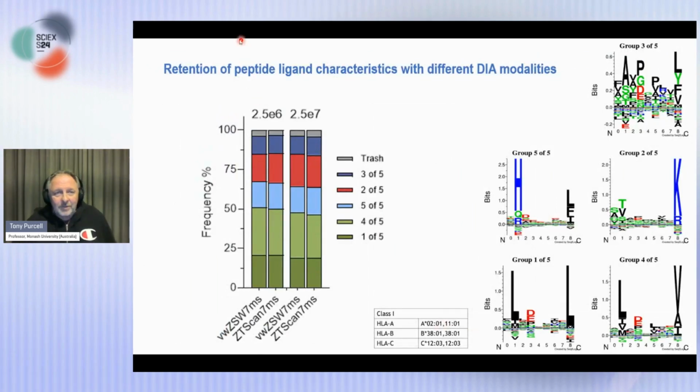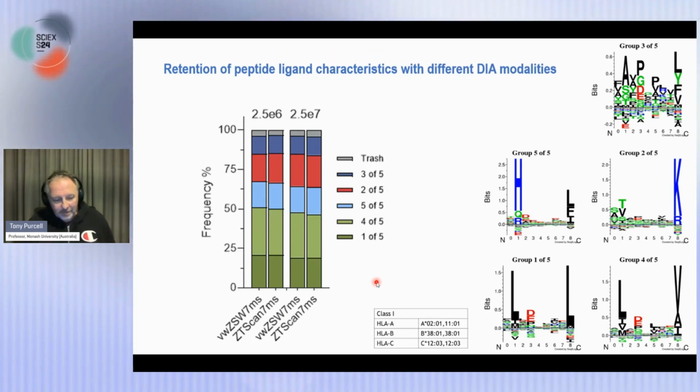Reassuringly, the peptide ligand characteristics of the peptides identified with the different DIA modalities are very similar, as we would hope, for both loads. So here we use a clustering algorithm to look at the different peptide sequences, which then correspond to ligands for the different HLA class 1 alleles.